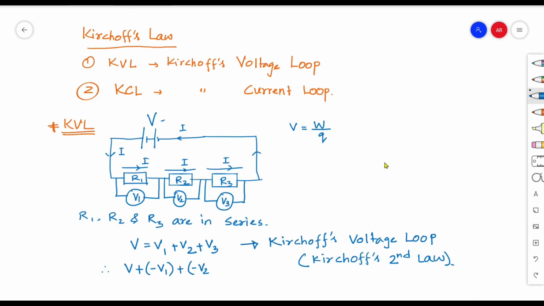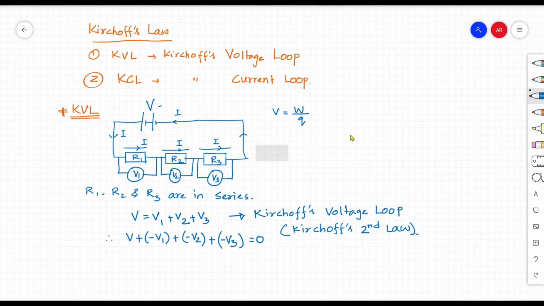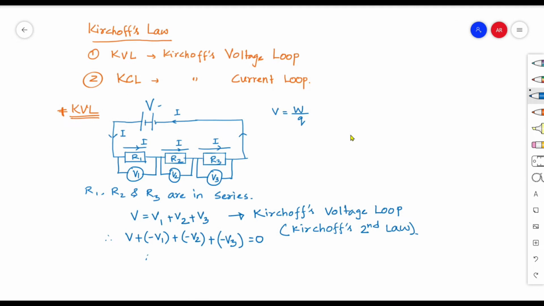So we equated the energy being transferred from the battery to the energy being used up in the circuit. As you know, energy must follow its conservation rule.